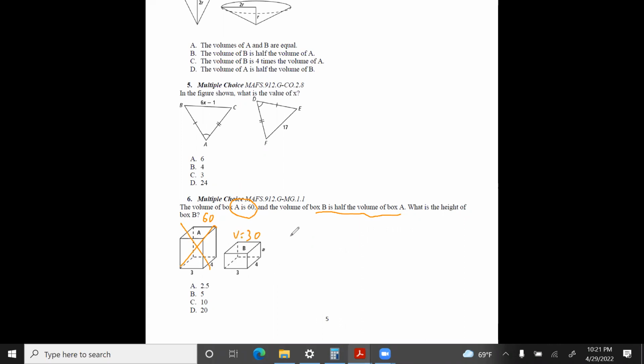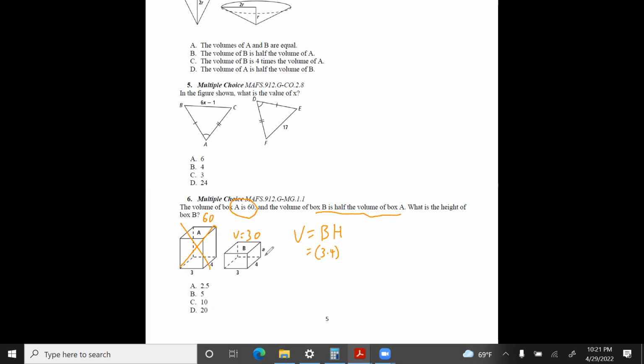Once we know that, our formula for volume for a rectangular prism is going to be base area times height. Base area for this one is, you can say length times width, or base times height. So these two, 4 and 3, are being multiplied together to find our base area.